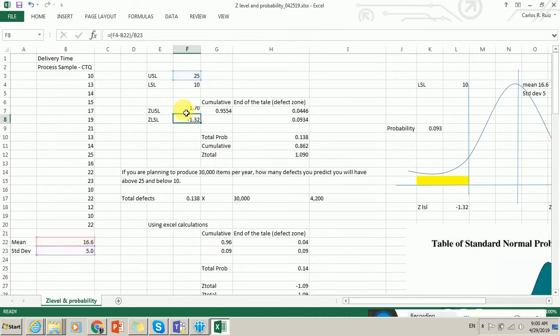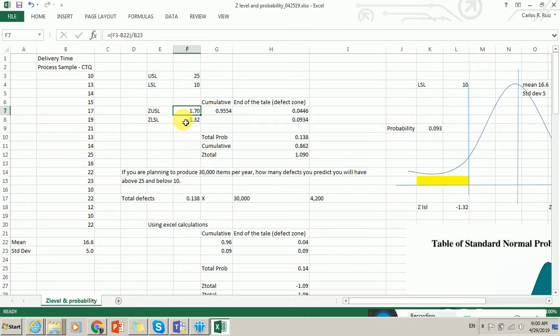This is telling me that in this process, I'm able to fit 1.7 sigmas, standard deviations, from 16.6 to 25. And then I'm also calculating the same thing for the lower spec limit. So now I have the Z level.